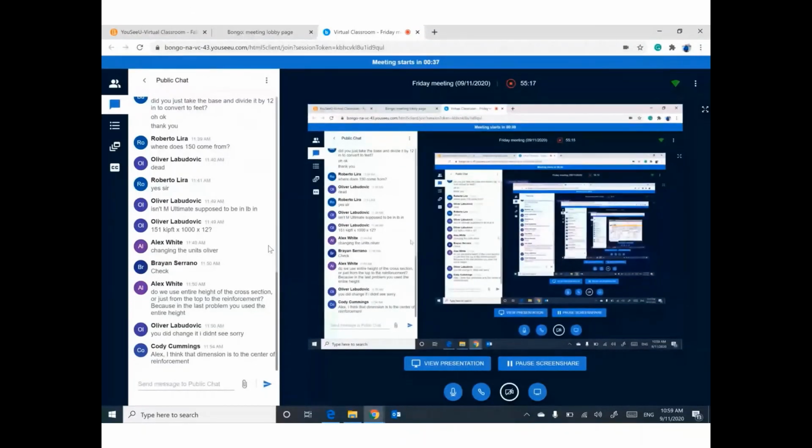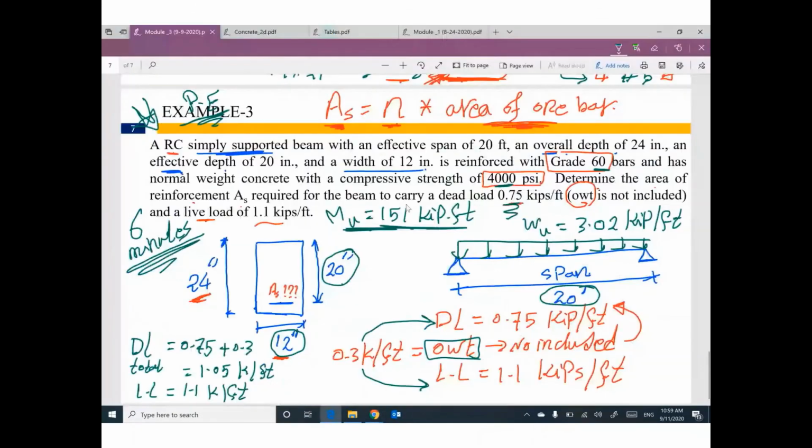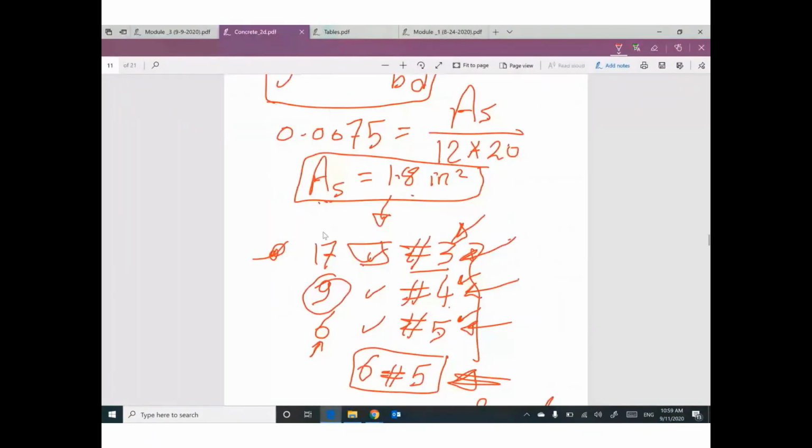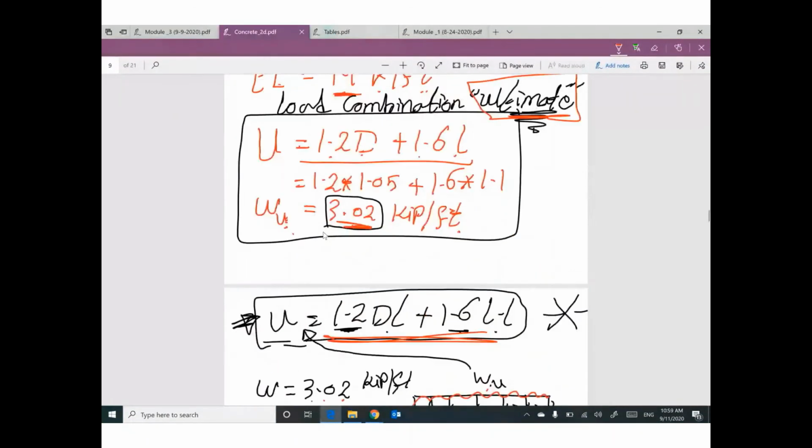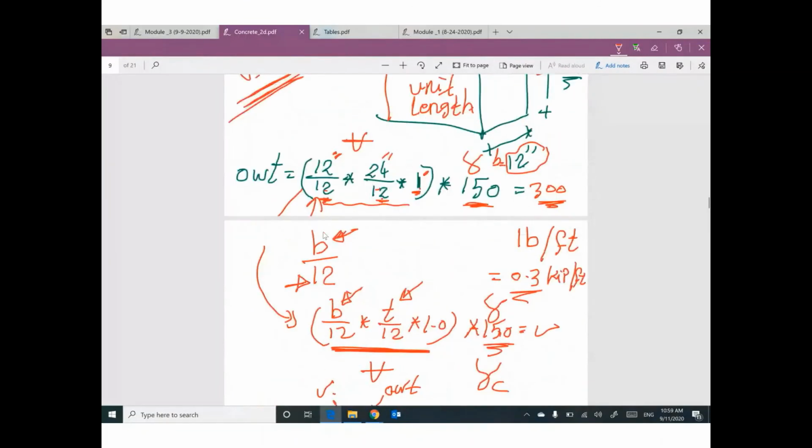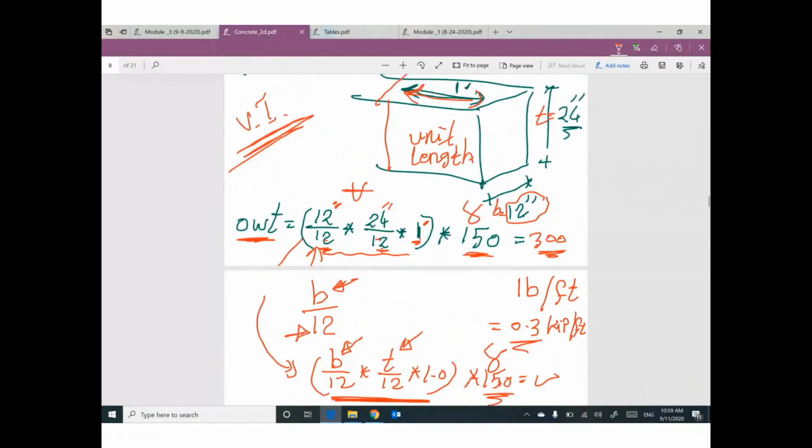Okay, it's a good question, Alex. If you are talking about own weight, we need to include all the concrete in the cross section.